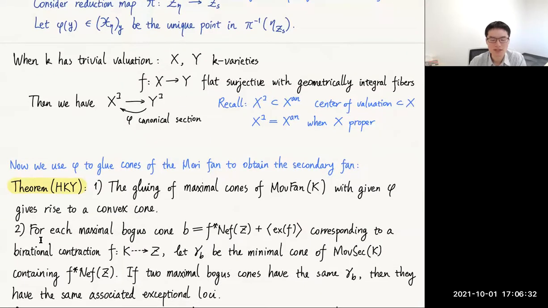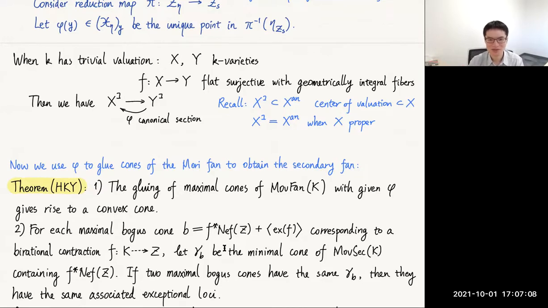For each maximal cone outside the moving part, we have these exceptional divisors, and the cone is of the form... Outside this moving part, when we consider this birational contraction, it contracts a lot, so it is no longer the same dimension.